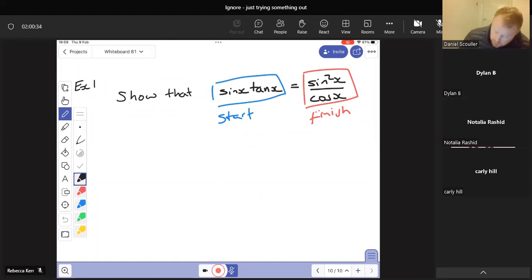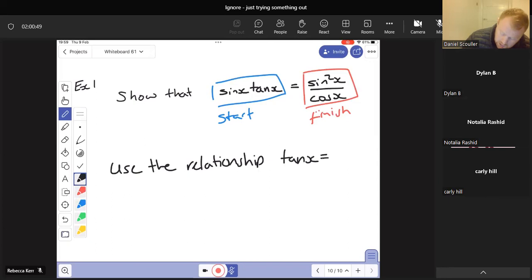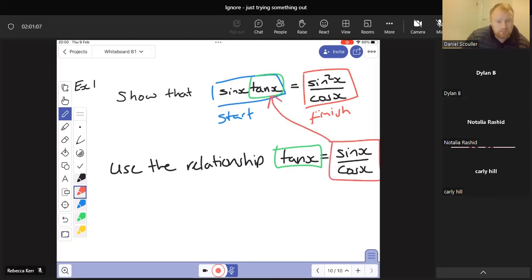So I'm going to use the relationship that tan x is equal to sin x over cos x. And I'm going to substitute, where I see tan x in that equation, sin x over cos x.